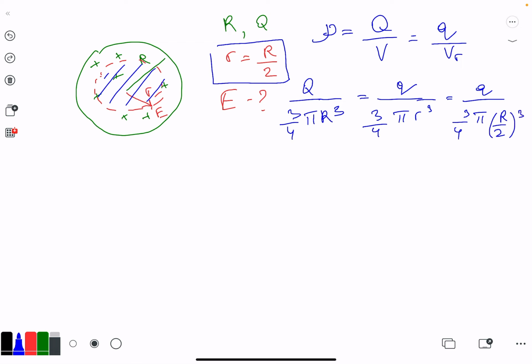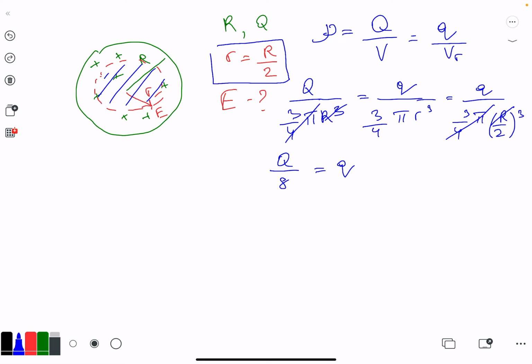Okay, so from there, as you can see, this will cancel out, then R cubed will also cancel out. At the end, we can see that the total Q divided by 8 gives small q. Okay, what else?